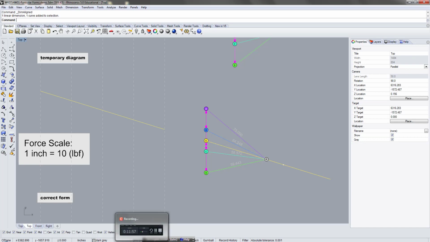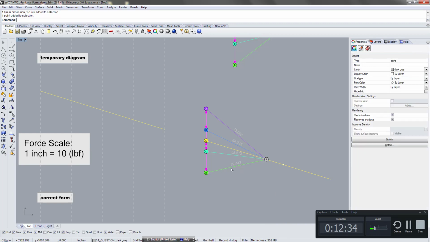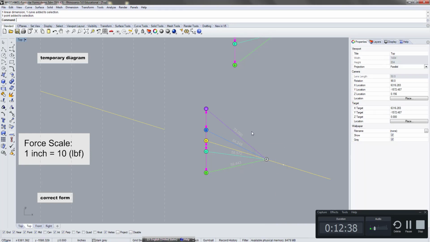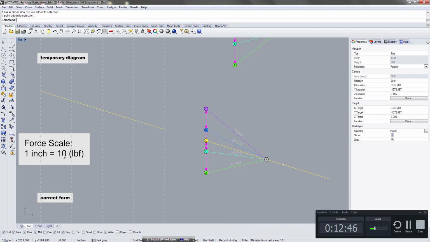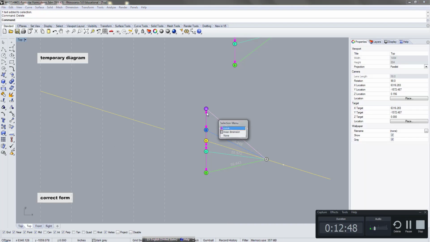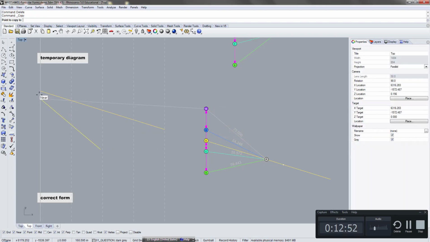So this is the correct geometry. If we had used another line, obviously all of these lines would get longer than 70. I mean, the maximum would get longer than 75, so that is not good. So let's just copy these geometries back into the force polygon.